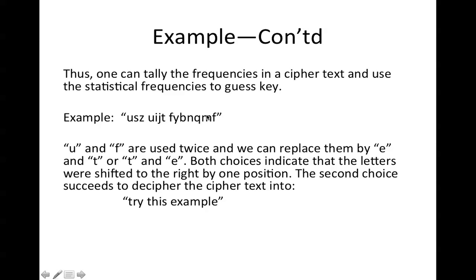So assuming that we make this choice, that is to say, attach U to T and then F to E, then just simply follow the course. So U becomes T, S becomes R. We're going back towards the left, just doing the opposite of the encryption, and then Z becomes Y, and you can see that all of this is basically going to decode or decrypt this ciphertext into this plain text. That's how it works.